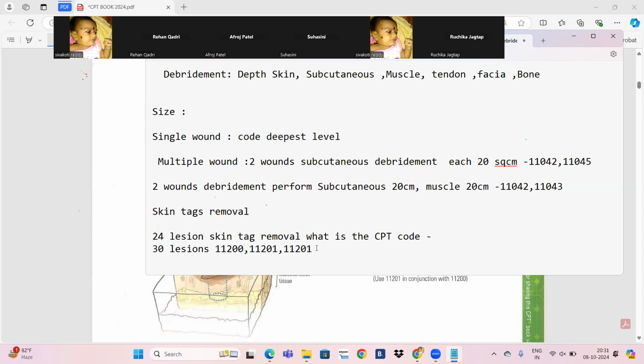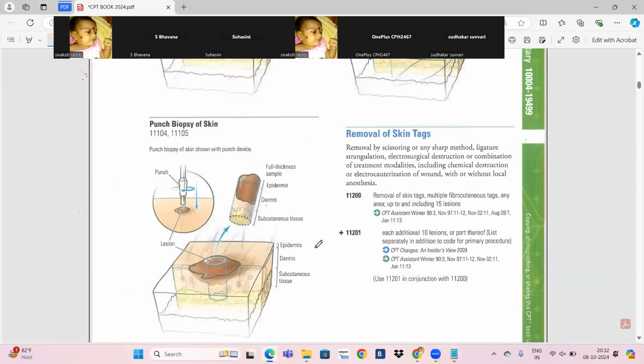Which one is correct? Without modifier is correct. Do we use add-on codes with modifiers, sir? No need. No modifier for add-on codes. Clear?